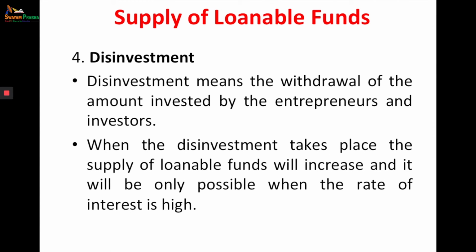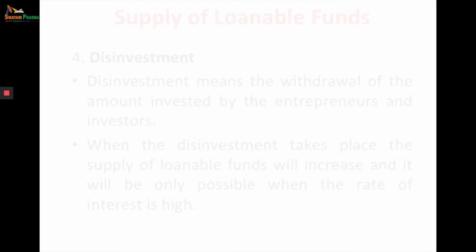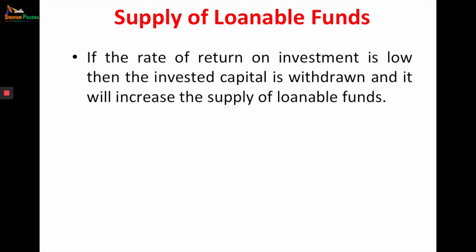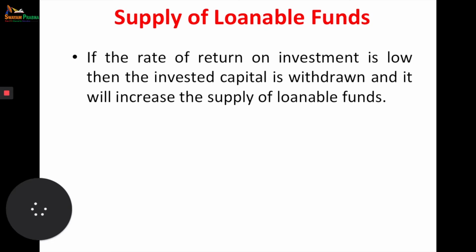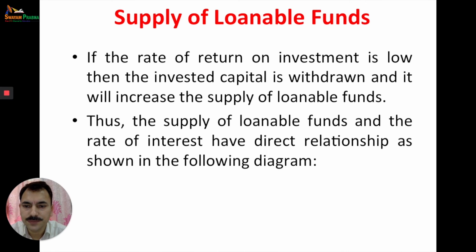When disinvestment takes place, the supply of loanable funds will increase. If the rate of return on investment is low, then the invested capital is withdrawn, and it will increase the supply of loanable funds.